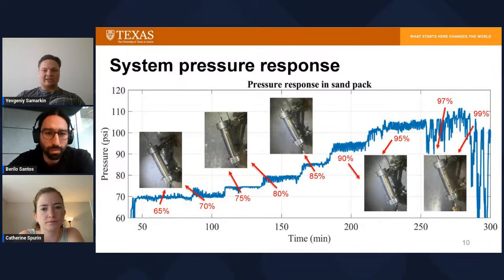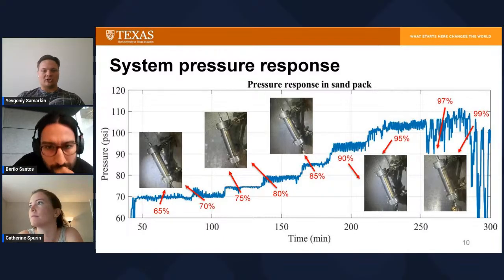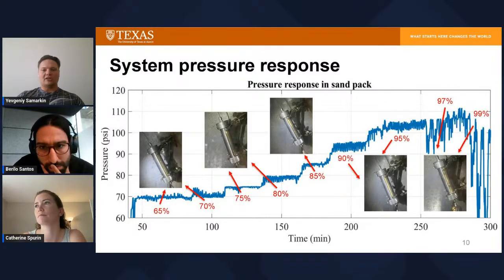So this slide was designed for you to understand how the typical experiment looked like in my case. In every experiment, I recorded the differential pressure across the sandbag while continuously injecting the foam.